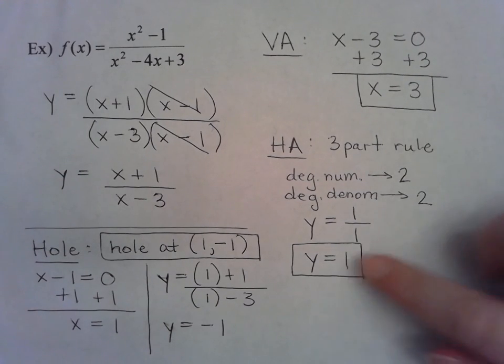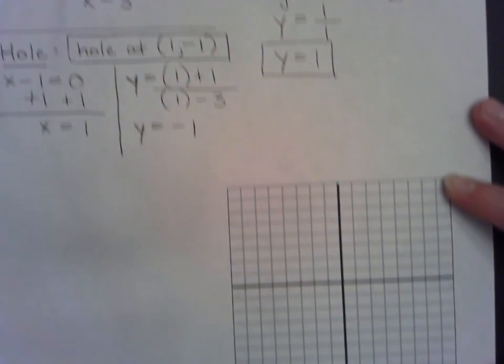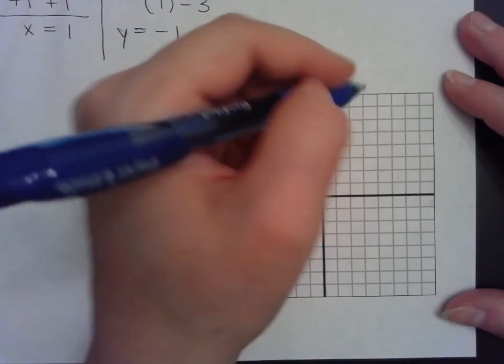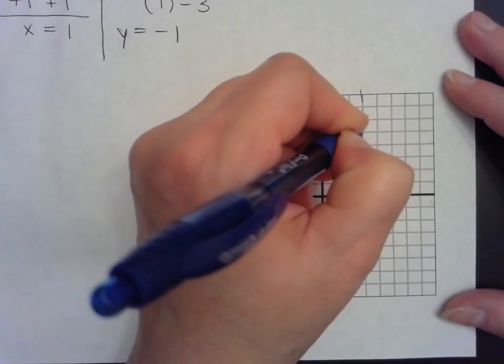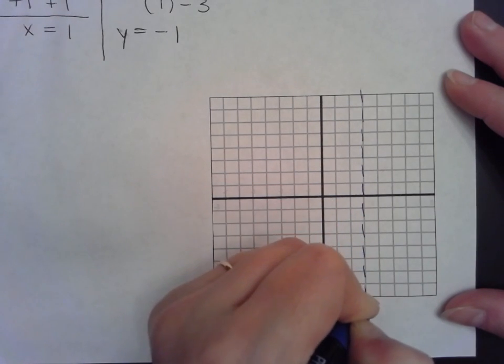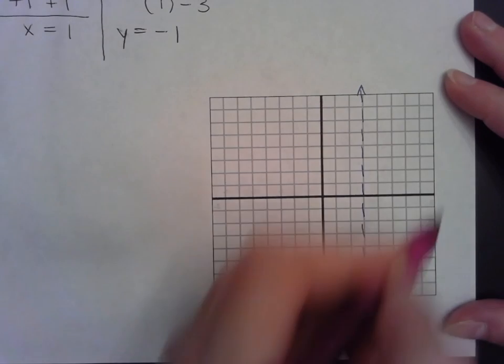Okay, so I want to take these three things and put them into my graph. I have a vertical asymptote at 3. I have a horizontal asymptote at 1.